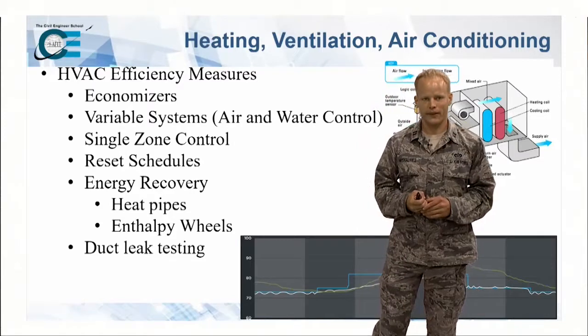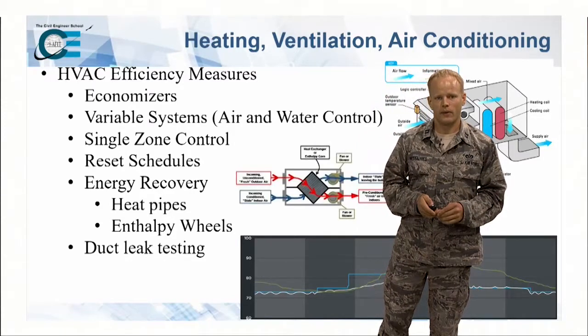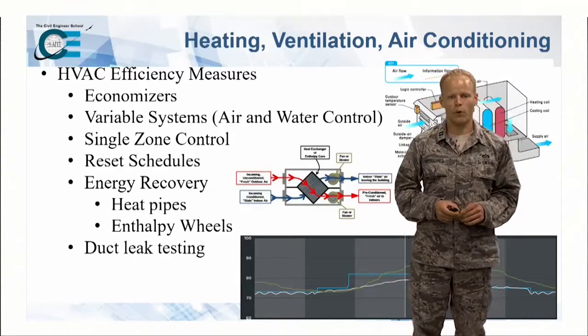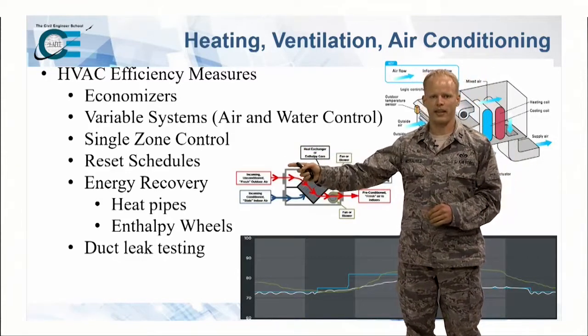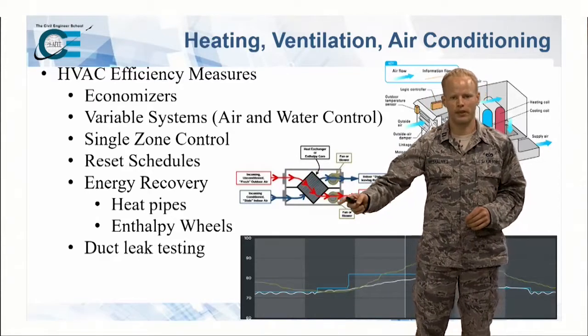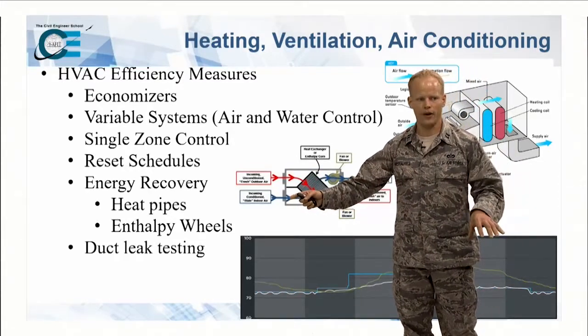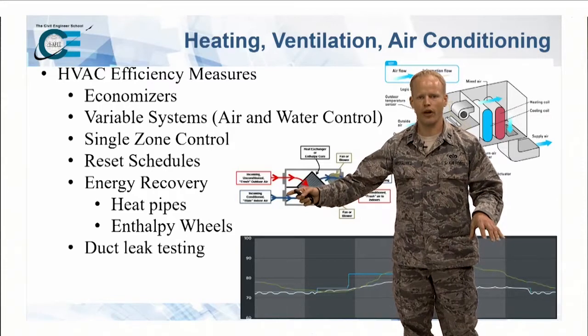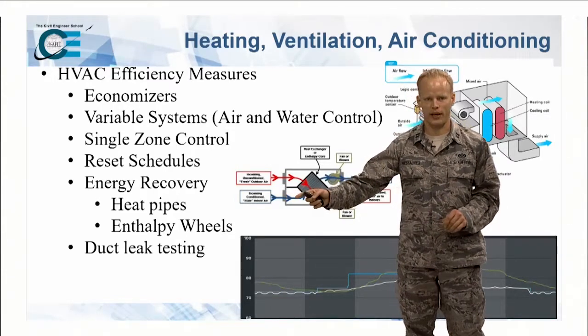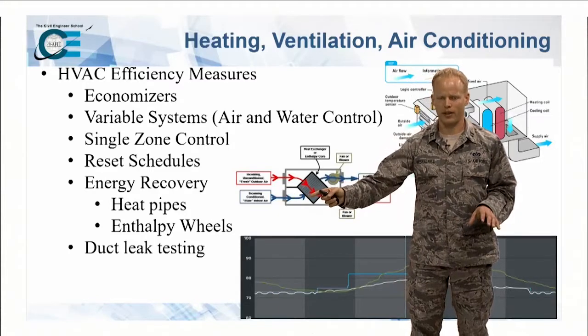Energy recovery. Heat pipes. Well, this isn't a heat pipe. This is an air-to-air exchanger where we have hot air coming in from the outside. It crosses this exchanger and goes into your building. But we've just cooled down our building. So we are going to pull cooler air from our zones, conditioned air, but it's still warmer than your zone.